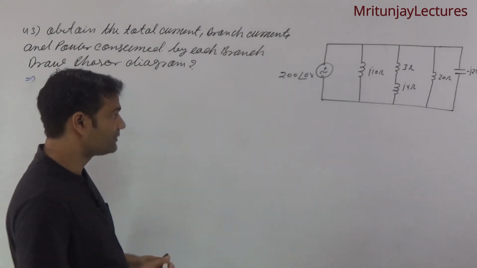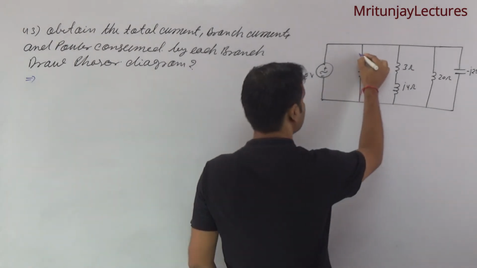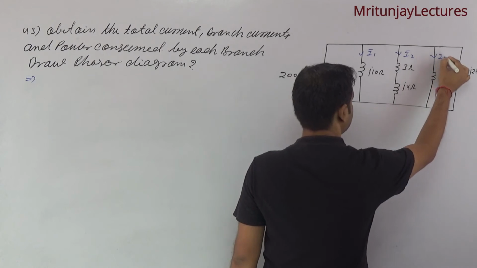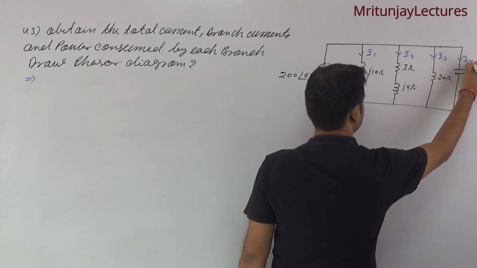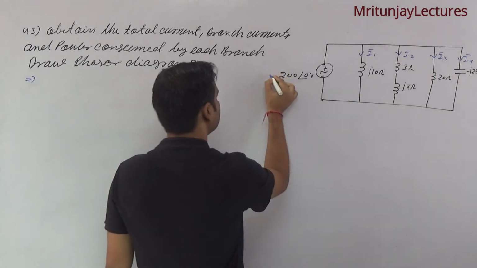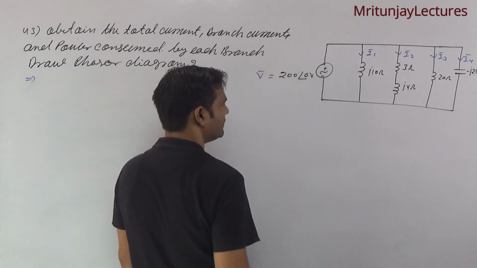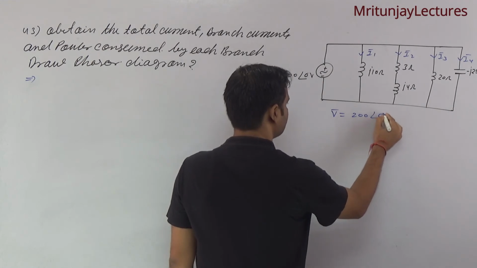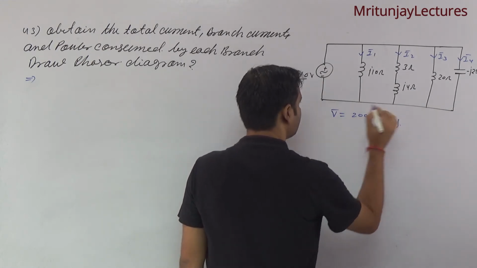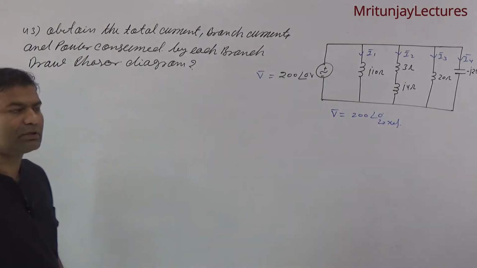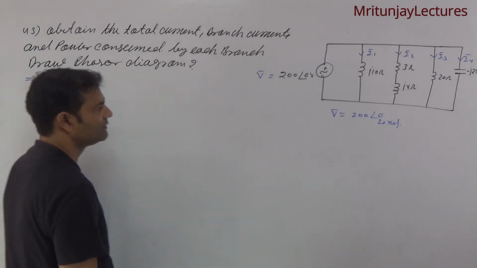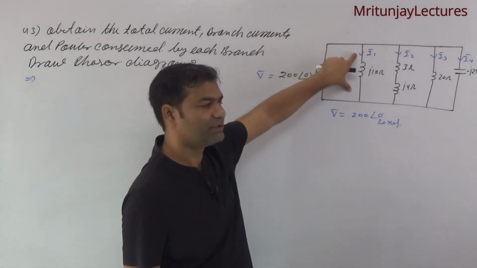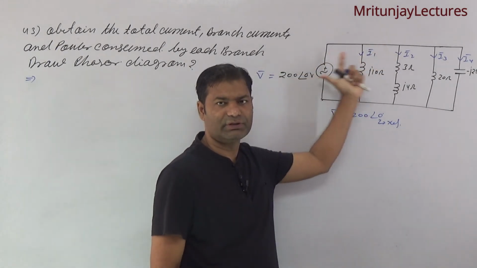So first of all, consider I1, I2, I3 and I4, and this one V. V is equal to 200 at the angle 0, that is the reference voltage. Very simple. What about I1, I2, I3 and I4? I1 is simply this voltage divided by this, I2 this voltage divided by this.